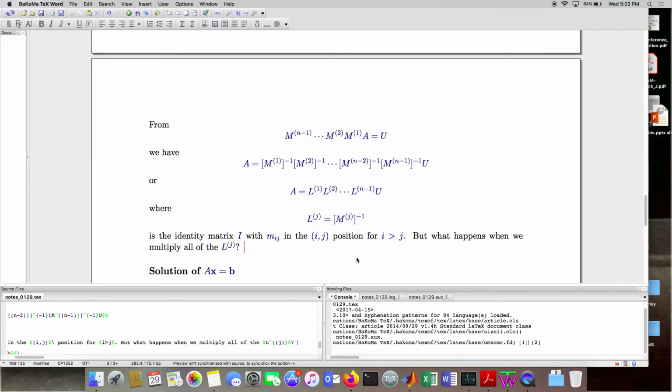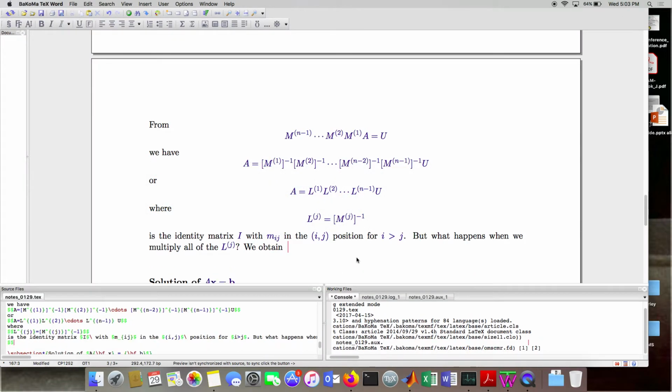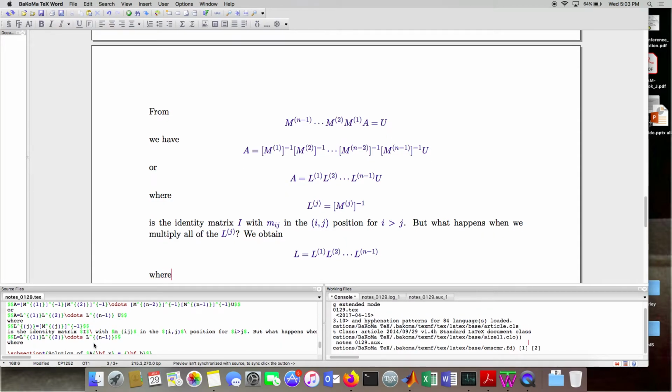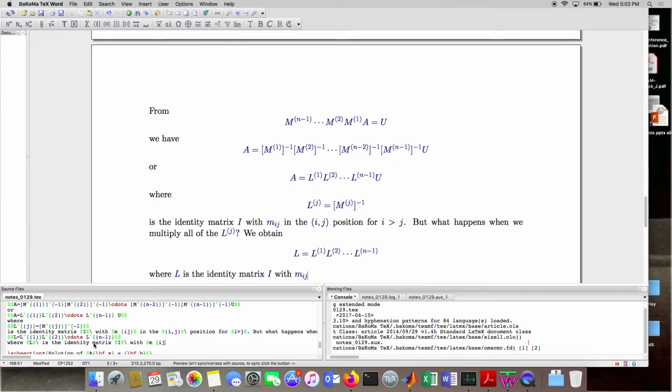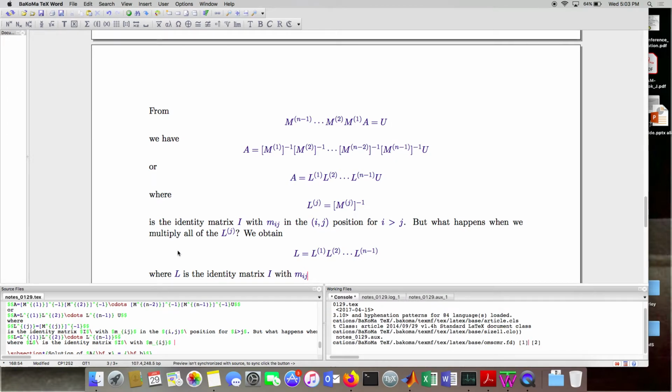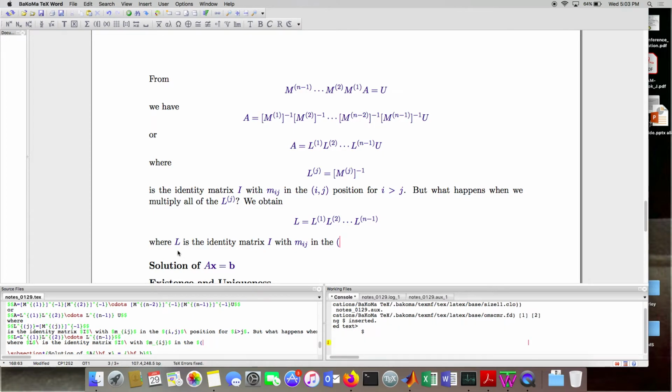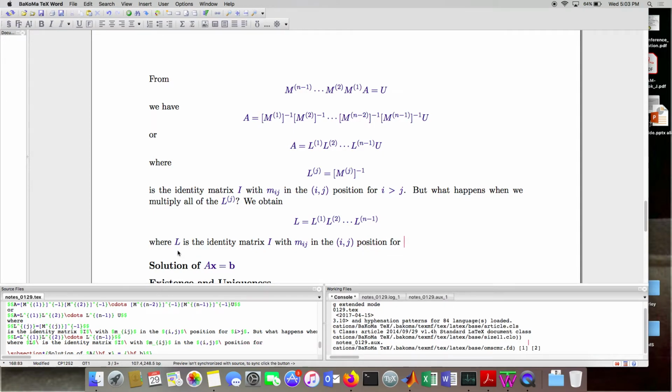So we obtain matrix L, which is the product of all of these. Where L is the identity matrix with Mij in the ij position for I greater than j.